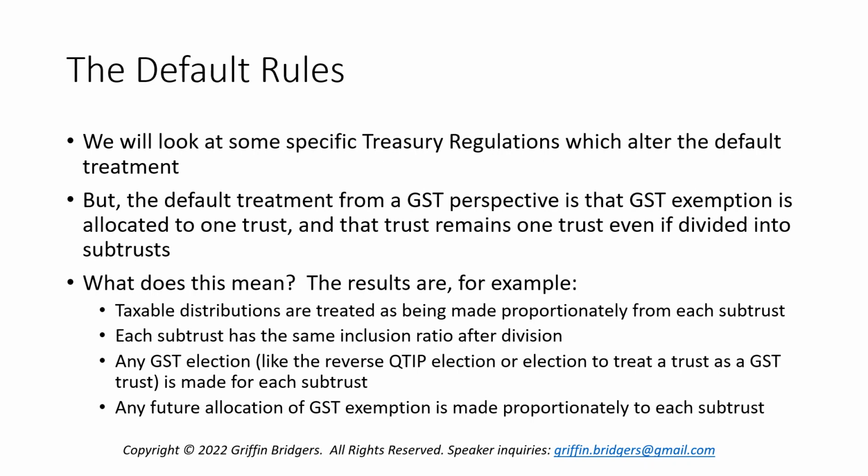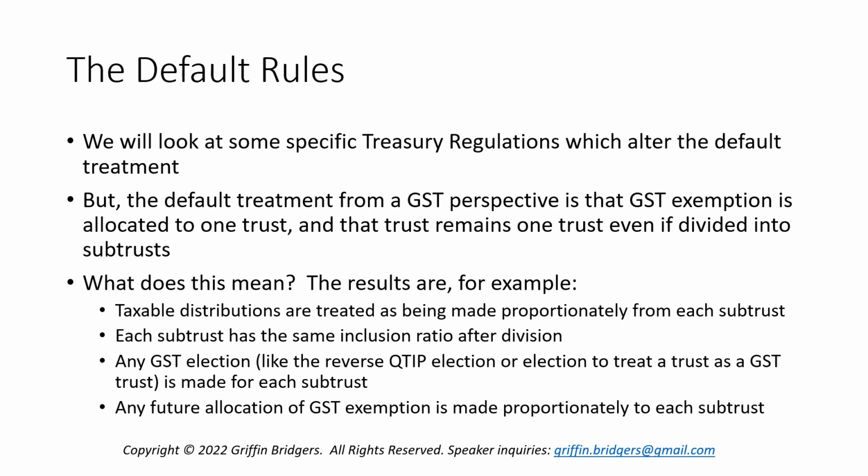It usually means that once a trust is divided, then for GST tax purposes, one, any taxable distributions have to be made proportionately from each subtrust. Two, each subtrust will have the same inclusion ratio as the master trust had before division.